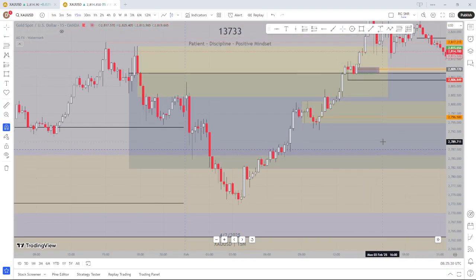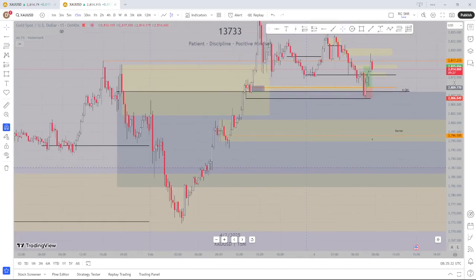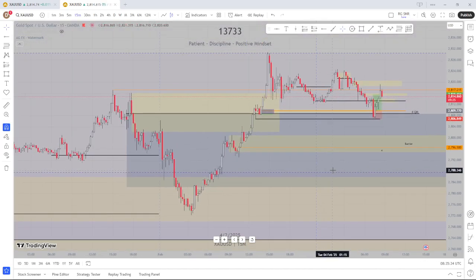But yeah, those are the criteria I look at when I mark my zone, in terms of scalping zone, for example. Obviously, if it's in line with my cycles and my setup, even better.